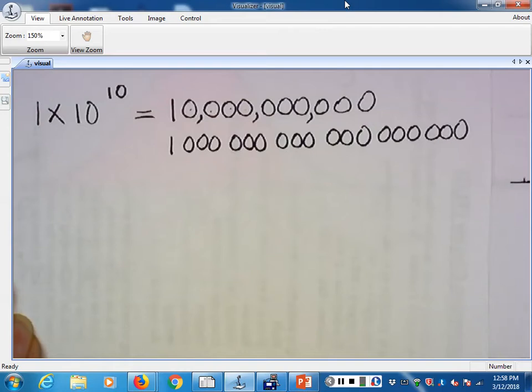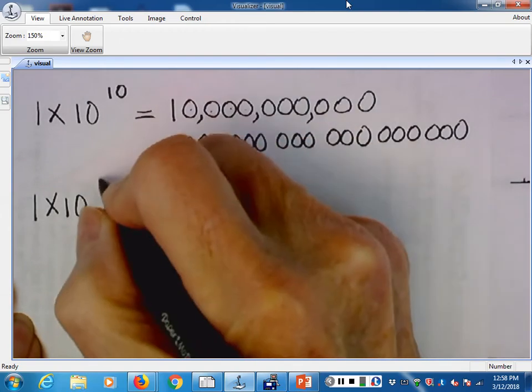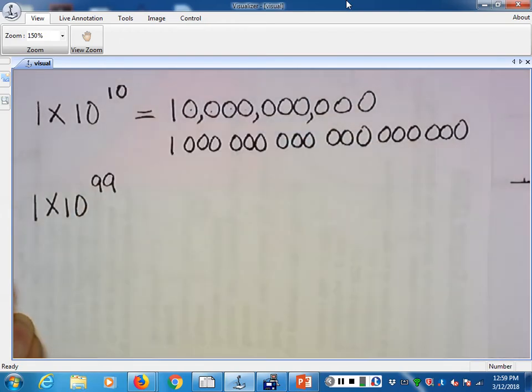Okay? What would that represent? A really large number. A really, really, really large number.